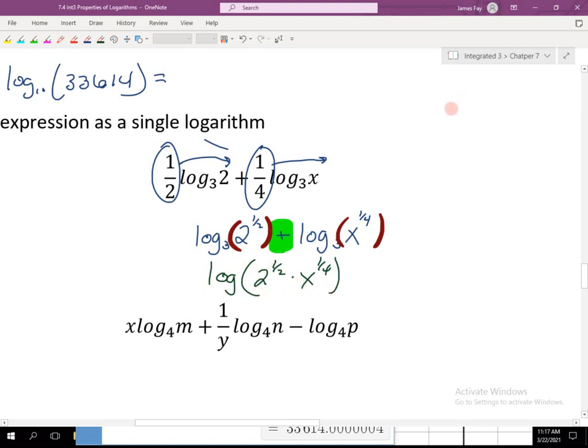Does anybody remember, if I have what is called a rational exponent, how we can rewrite that? 2 to the 1/2 is equal to what? Do you remember, if I wrote this, 9 to the 1/2 is 3. 16 to the 1/2 is 4.